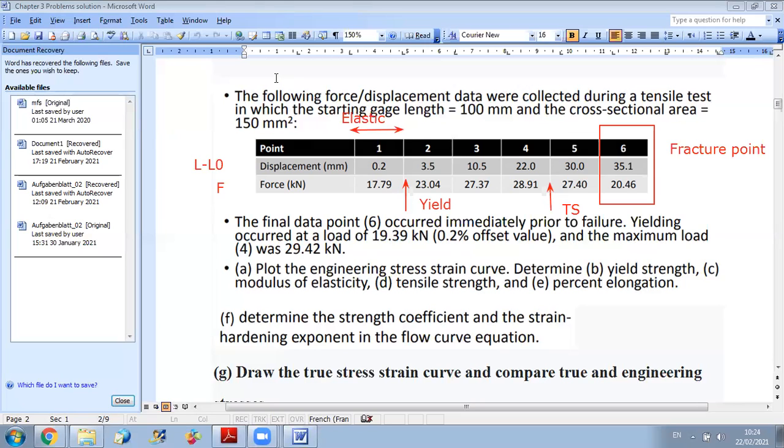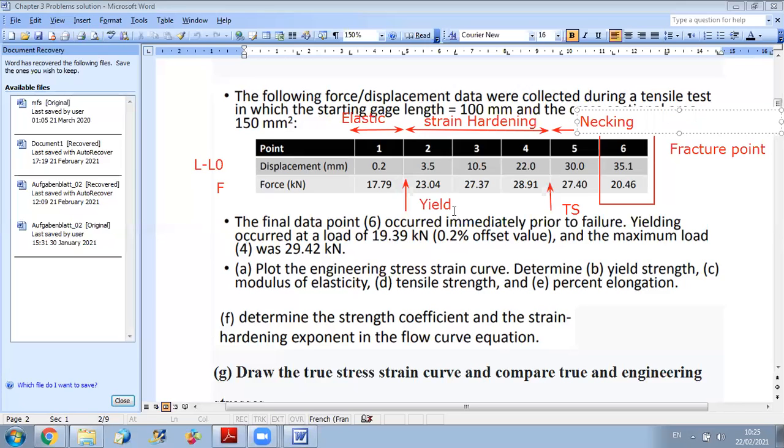From 2 to 4, I have which region? I am before necking, so I have the strain hardening region. And after point 4, I have necking. So here I have the necking zone, and at 6 I have the fracture.